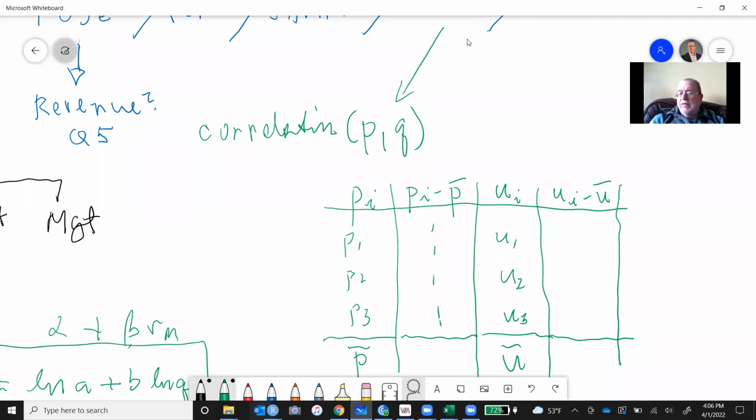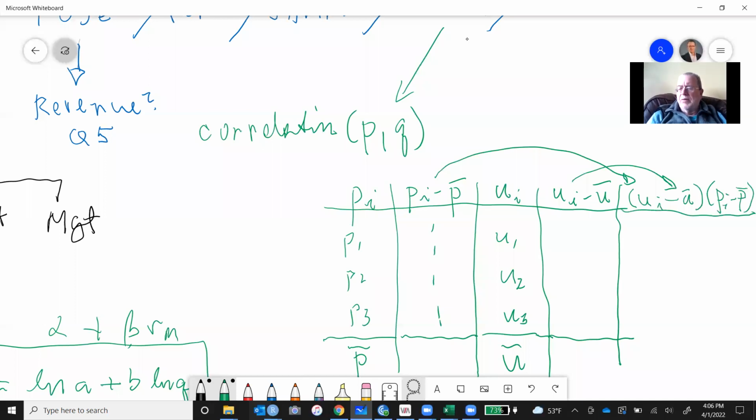So having done that, our next job is to ask the question, is there a way to come up with a measure about if prices go up, what happens to units sold, and vice versa? And the measure is to take each of these deviations and multiply them.